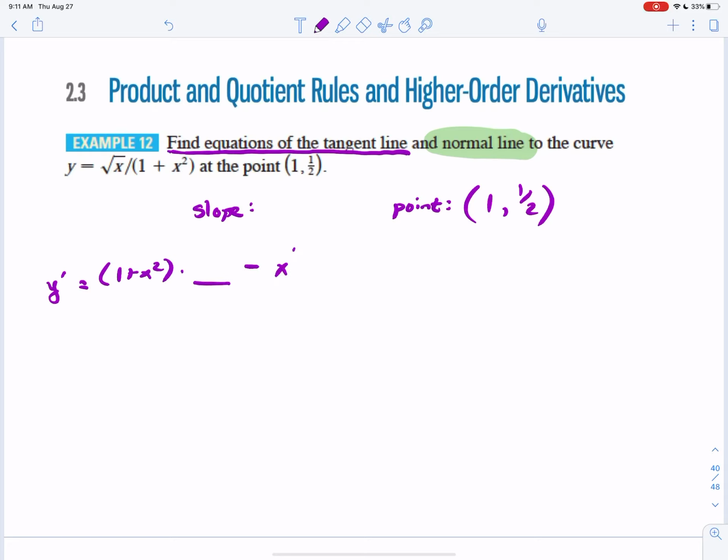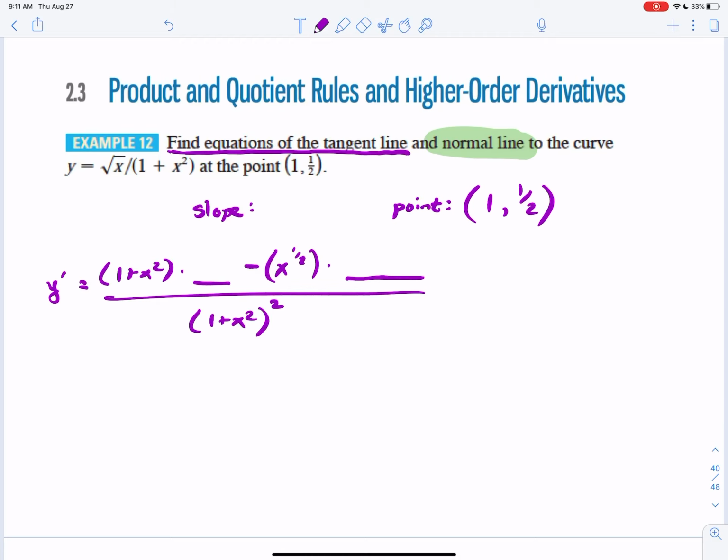I'll write it as x to the 1/2 times derivative of the bottom all over bottom squared, okay? The derivative of the top is just going to be 1/2 x to the negative 1/2, okay? The derivative of the bottom is just going to be 2x.